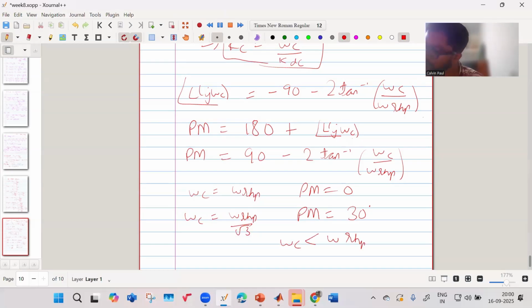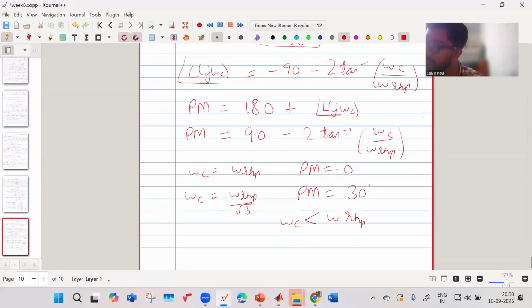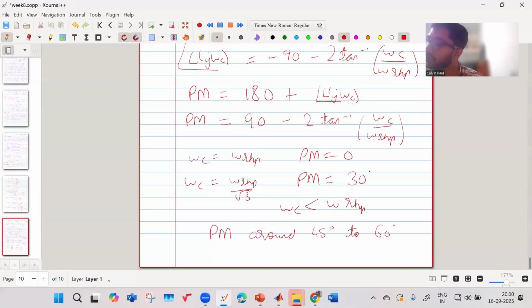Good. Now, for a good design, we design the phase margin for around 45 degrees to 60 degrees. Accordingly, we find out what the crossover frequency should be. So while designing, there are two ways: you go from your phase margin to get your crossover frequency, or you go from your crossover frequency to get your phase margin. We went from the frequency.